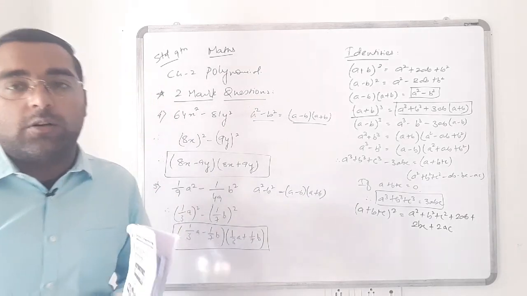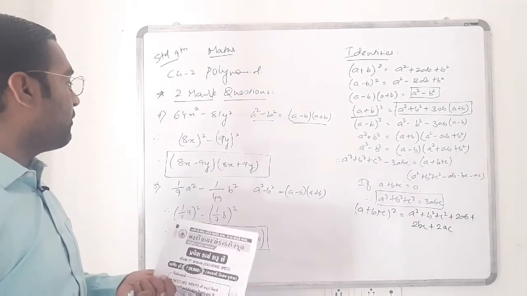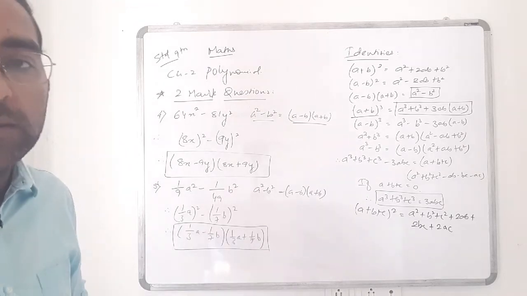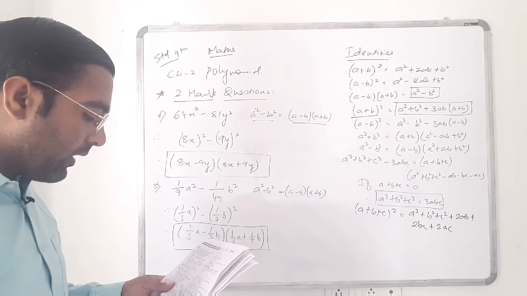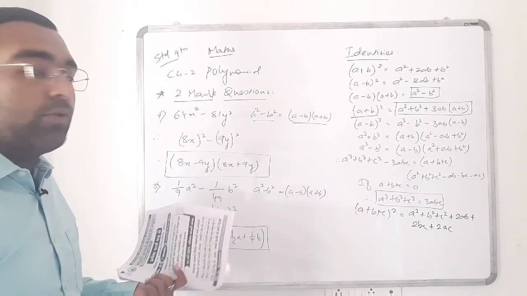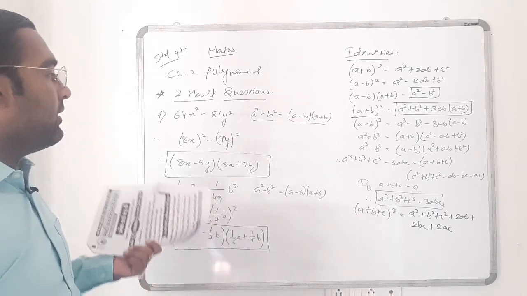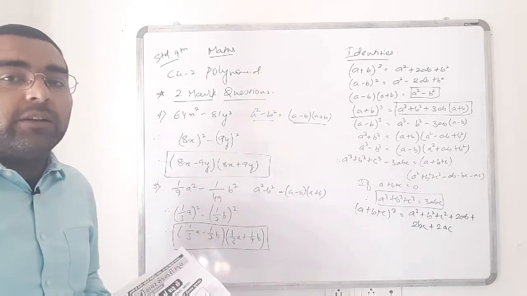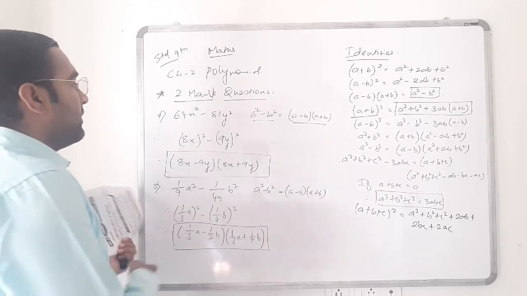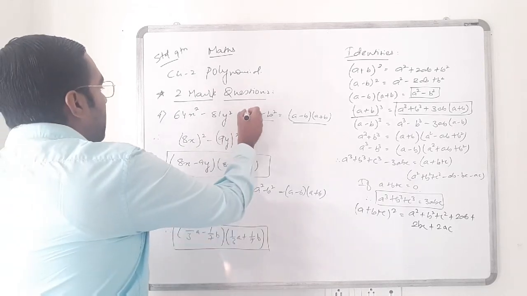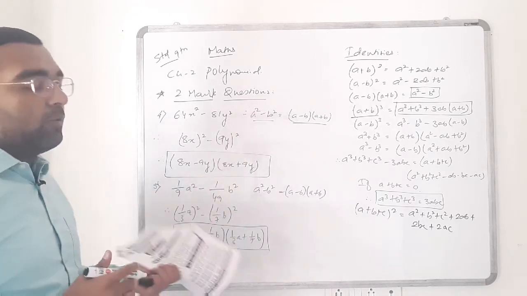So first of all, note down these questions 4 and 5 as fast as you can. Dear students, you must write the identity when you solve identity-based sums. So you must write the identity with the sum.